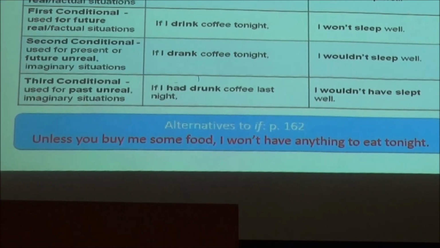Zero, first, second, and third. If I drink coffee at night, I don't sleep well. A fact. Which you can't help, you can't change. If I drink coffee tonight, I won't sleep well. This is a possibility.